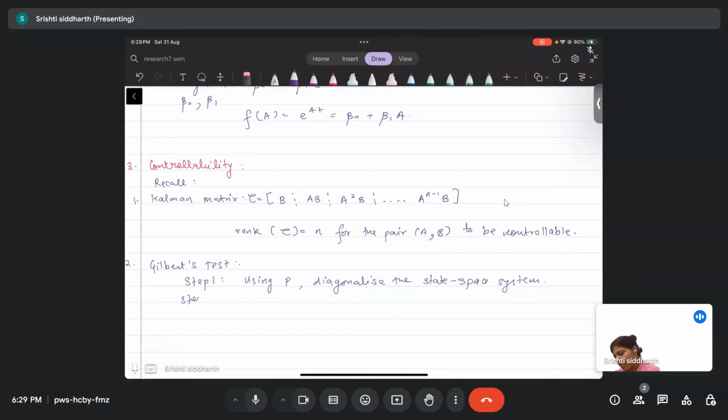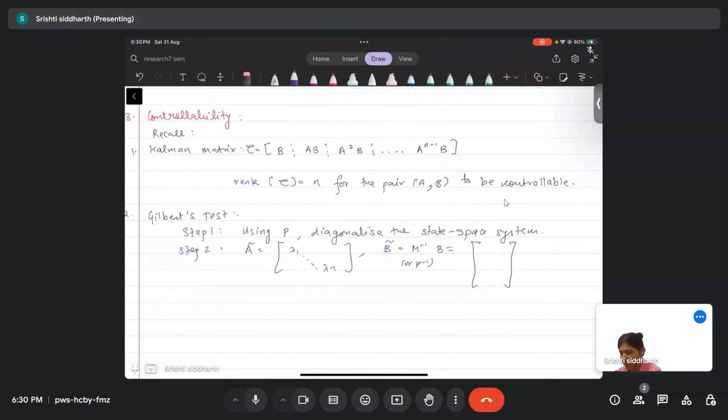Then the next step was, so we had that A tilde, which was basically lambdas on the diagonal, and you have B tilde, which was P inverse times B, and you had this column vector. Okay, so how do you check then if the system is controllable? The system is controllable if all the elements of this B tilde vector were non-zero, and if any of them were zero, that meant that particular state was not controllable, and hence the whole system is not controllable.